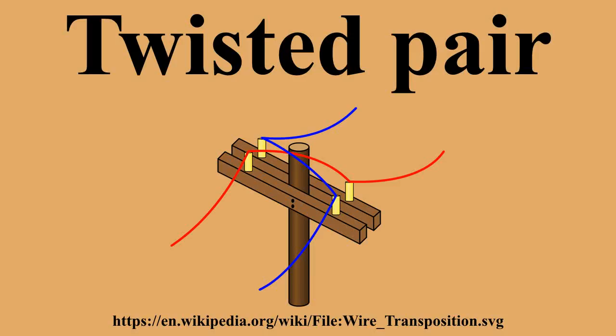Delay skew: different pairs within the cable have different delays due to different twist rates used to minimize crosstalk between the pairs. This can degrade image quality when multiple pairs are used to carry components of a video signal. Low skew cable is available to mitigate this problem.